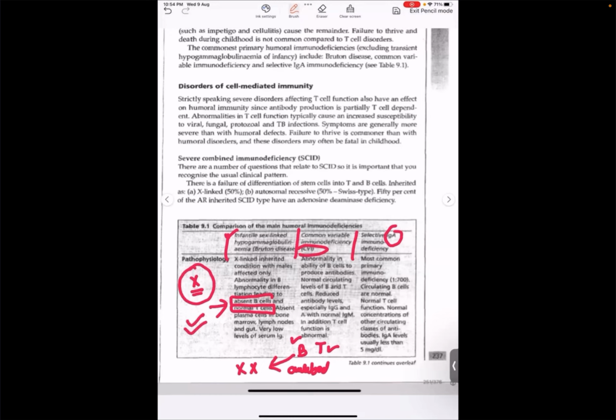Here the number of B cells is normal, but the function of the B cells is not normal, right? So this is the difference between the two. In X-linked agammaglobulinemia, no lymphadenopathy. In common variable, you may have lymphadenopathy and hepatosplenomegaly.